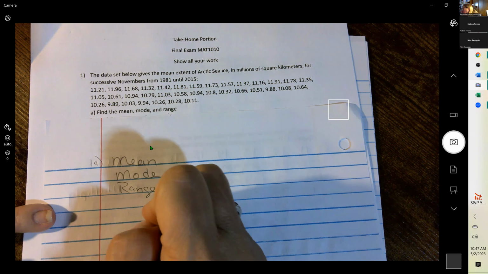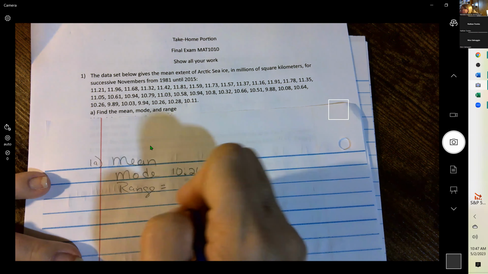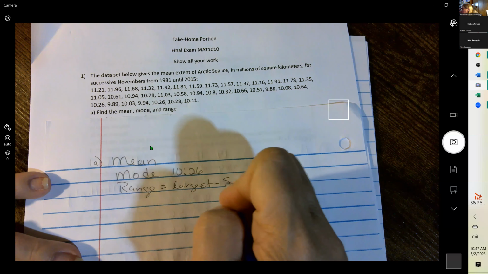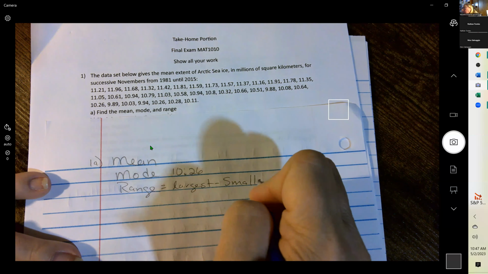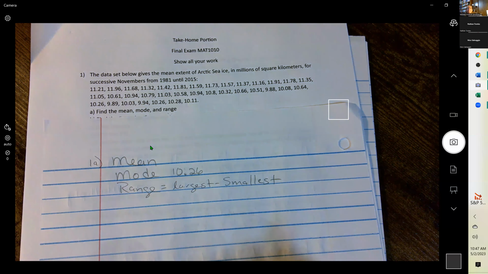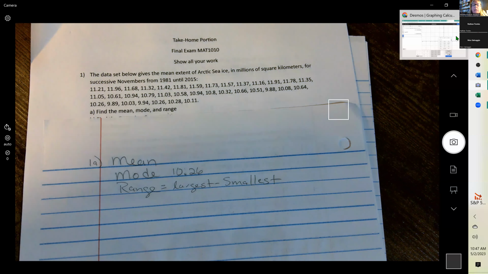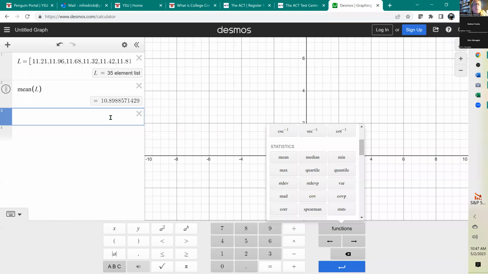Largest minus smallest. So you find the largest and subtract the smallest. Did anyone find it? What was that? 10.1.